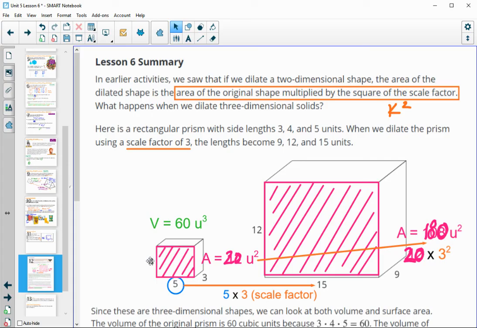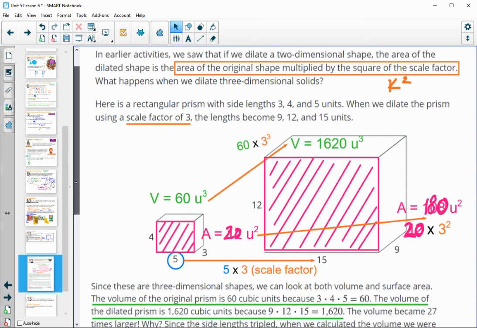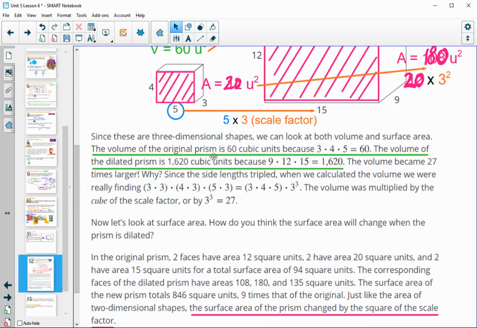And then volume is length times width times height, so multiplying all of these. So the volume of this smaller one is 60. So we would multiply that by 3 cubed to get our new volume, so multiplying by the k cubed value. So this just talks about that.